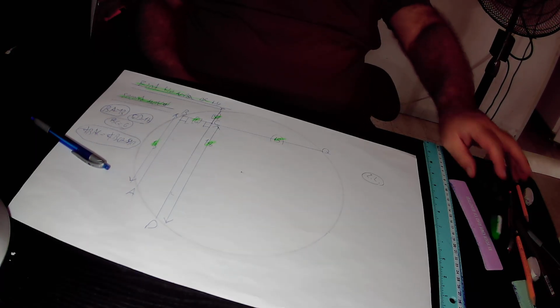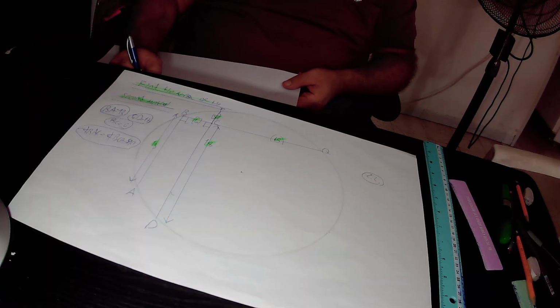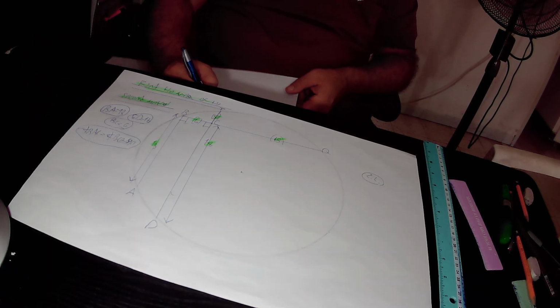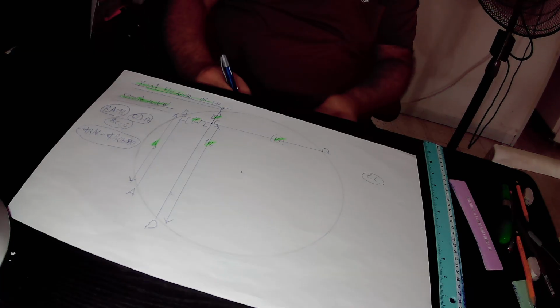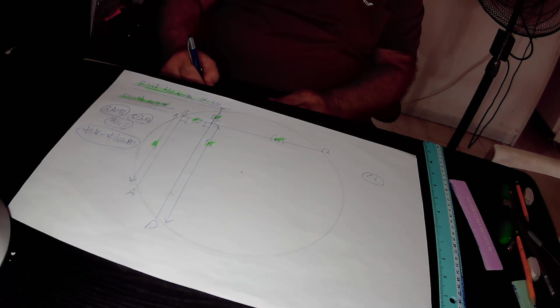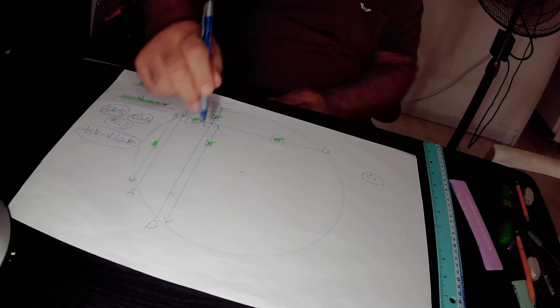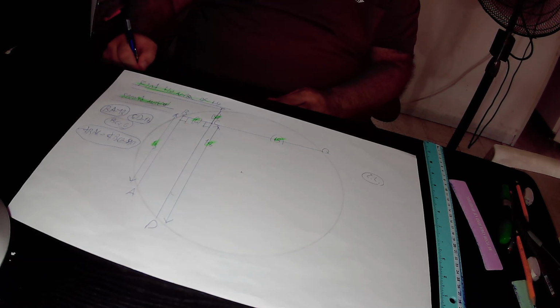So first of all, I write it down. We have found that in our drawing, chord BQ intersects with chord TD at 90 degrees.